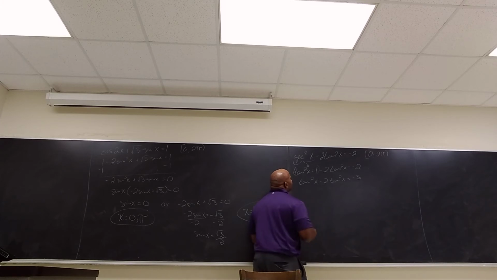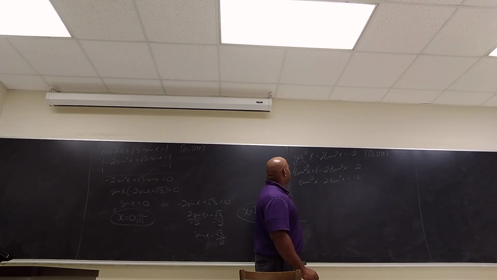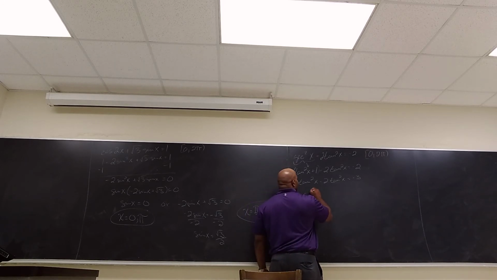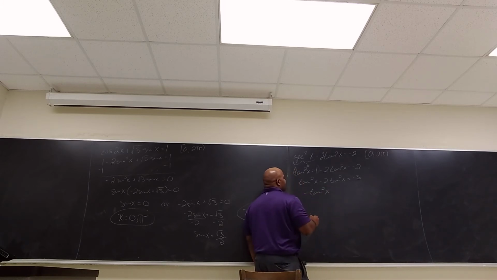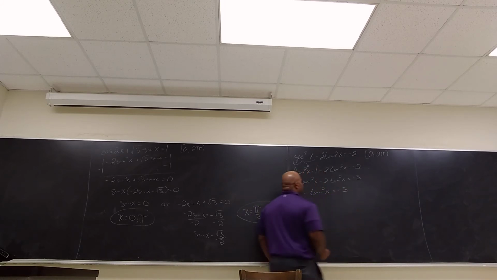Can I? Yeah, I can. How did I do that? Oh no, I'm subtracting. So this will be negative tan squared x. I don't even have to factor it out. It's tan squared x minus 2 tan squared x equals negative 3. I'm tripping.